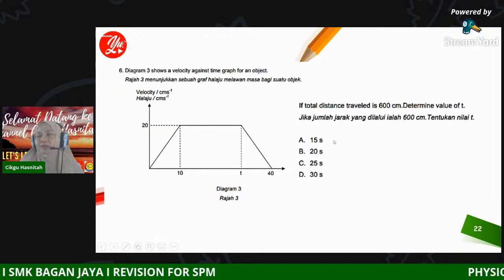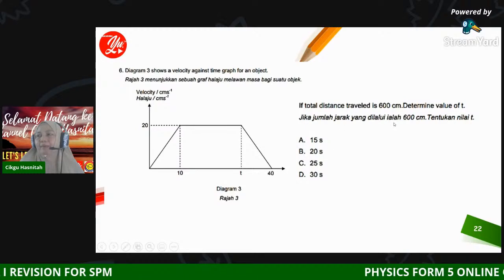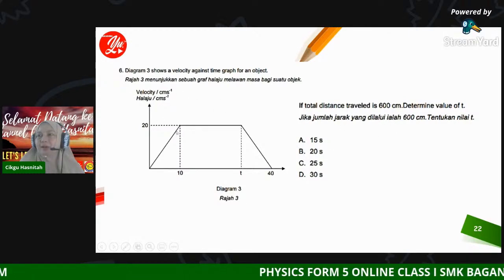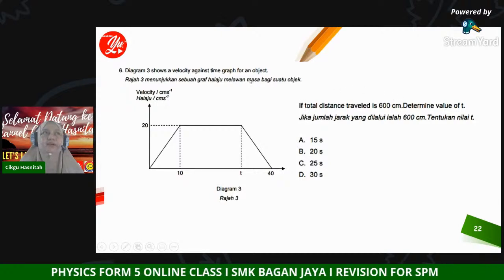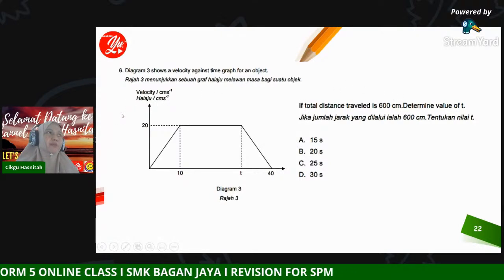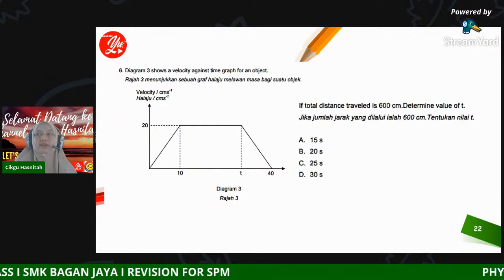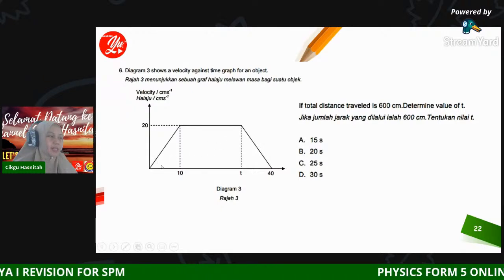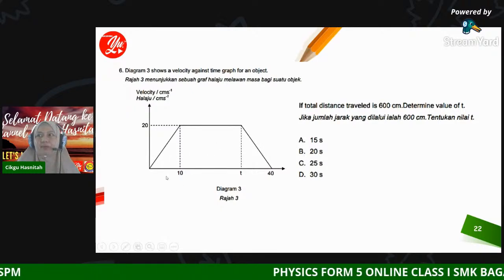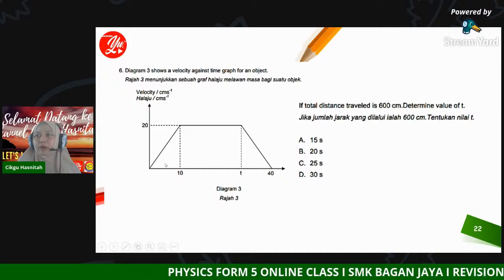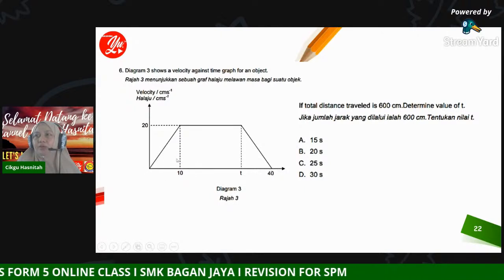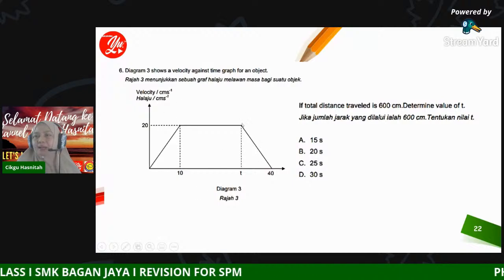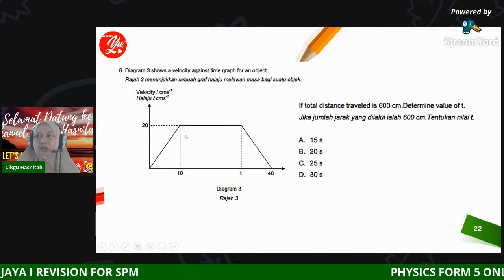So how to find t? Remember, this is a velocity time graph. For a velocity time graph, the total distance travelled is given by the area under the graph. The graph goes from 0 to time 40, divided into 3 sections.